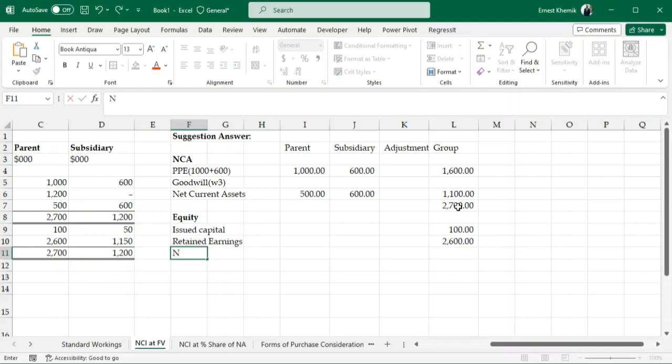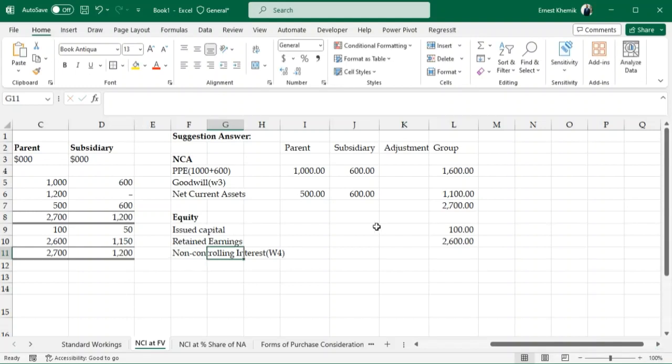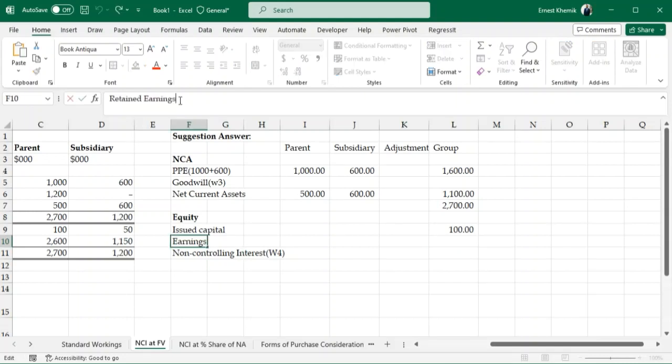So I'll come here and write non-controlling interest, and then that is going to be my working 4. All right, and then this retained earnings here. So I'm actually making a mistake here. This value is not supposed to be here for now. So we have our retained earnings, and that is going to be working 5.